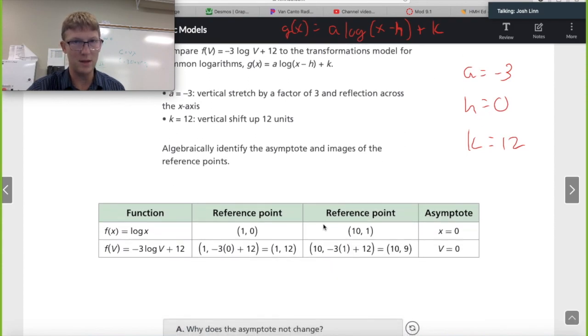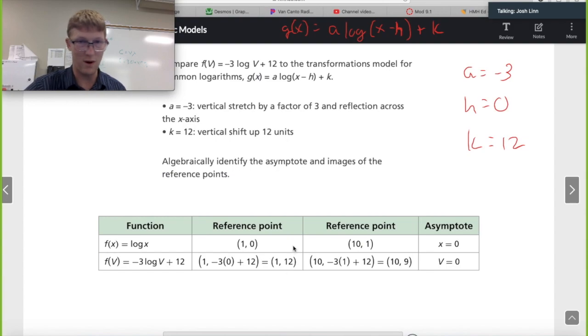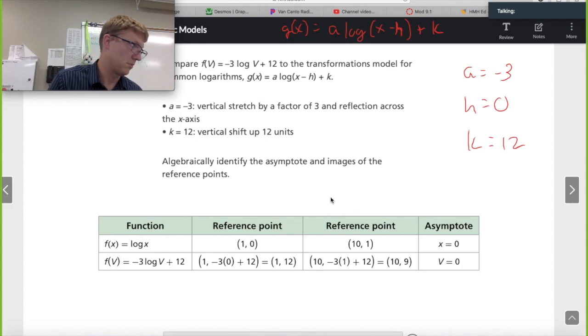So algebraically, we can find the reference points. Because I totally have those memorized. Not. So our first reference point is 1 plus h, k.